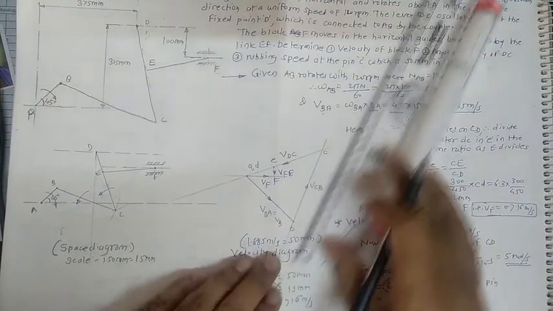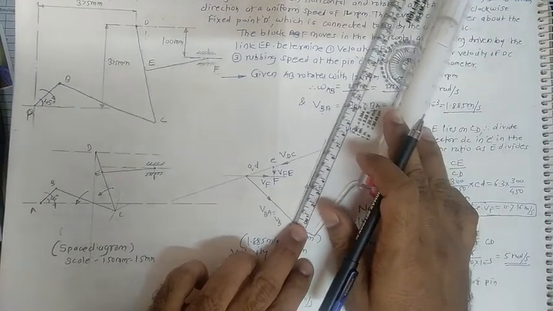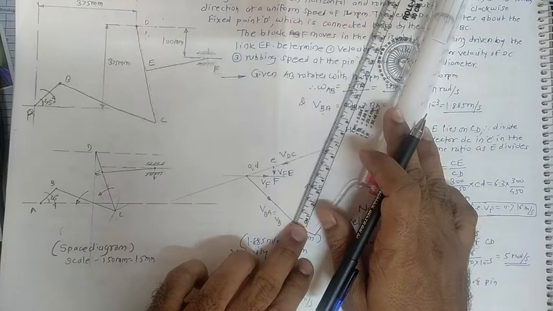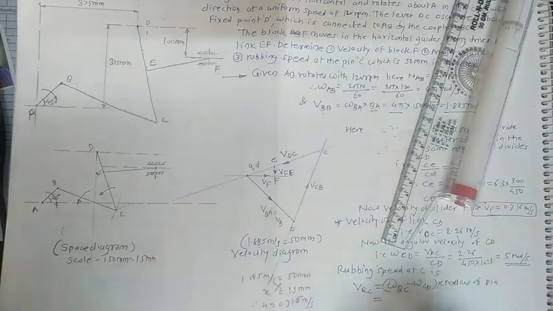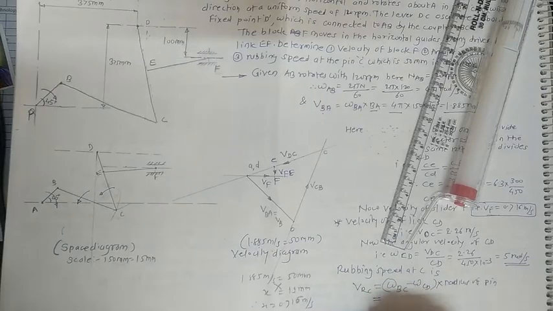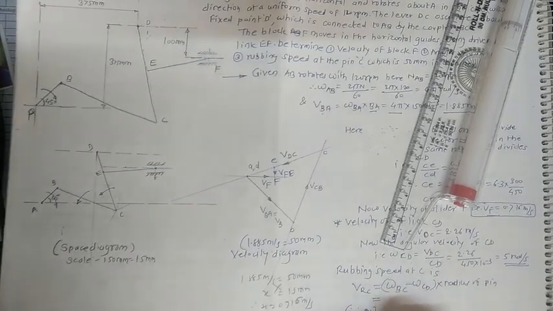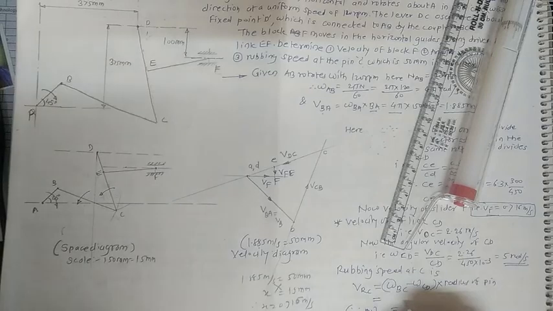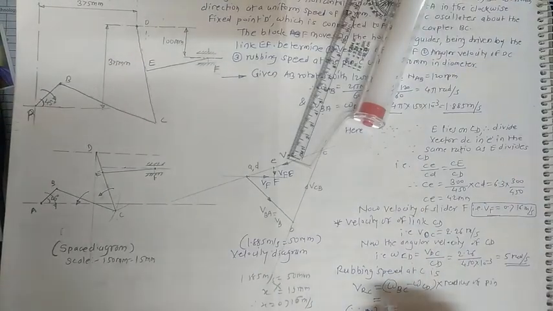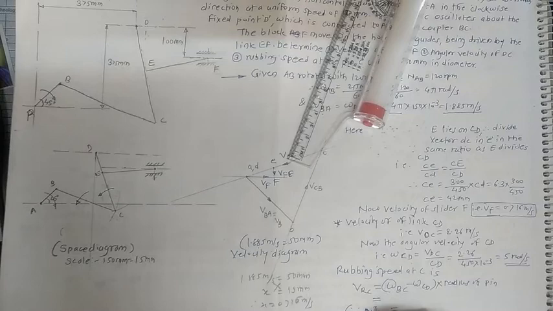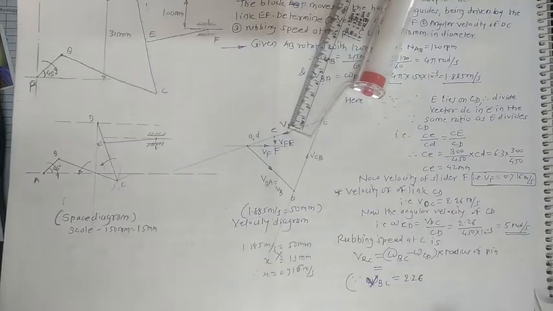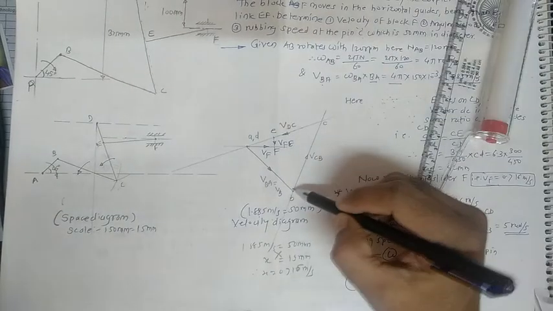Measure this and convert into true scale. This is near about 60 mm. So if you convert this, omega BC equals, sorry, before that just get the value for VBC, that is the linear velocity. If you measure this you get near about 60 mm.